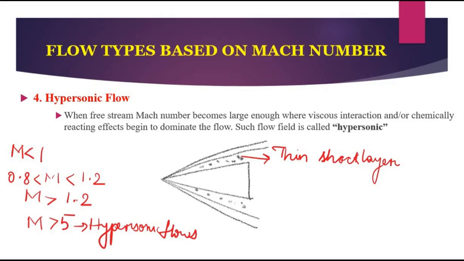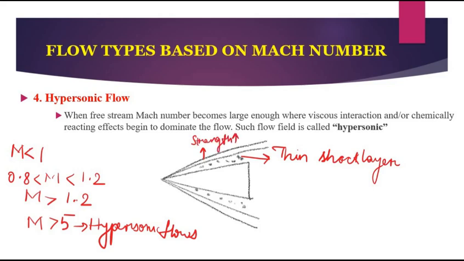So what happens is, as we further increase the Mach number, beyond 1, 2, 3, as I said, beyond 5, the shock wave, which we saw as an oblique shock wave, starts moving closer to the body. And as this shock moves closer to the body, the strength of this shock increases.